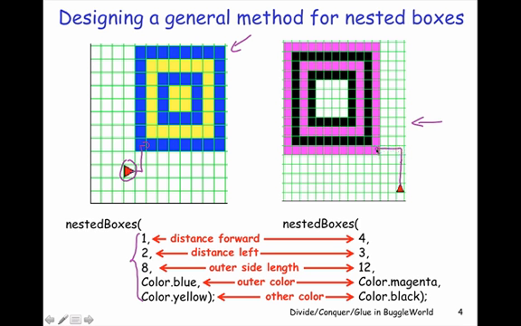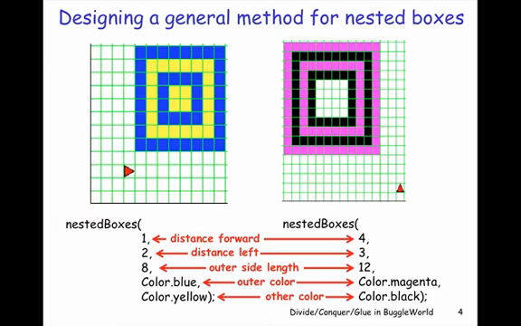We jaunt 3 to the left, and then if we were facing in this direction, we would be drawing a nested box pattern of length 12, alternating between magenta and black. So if nested boxes did exist, this is what we would do in these particular cases.